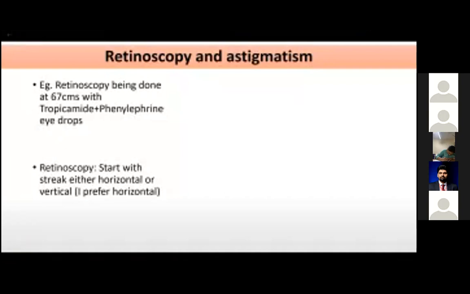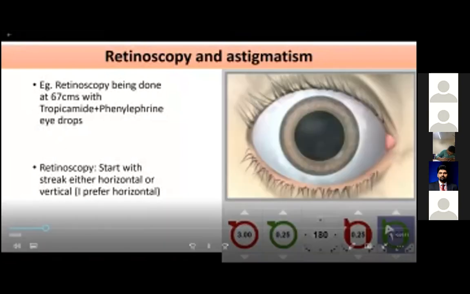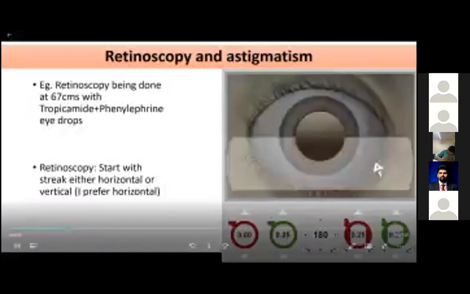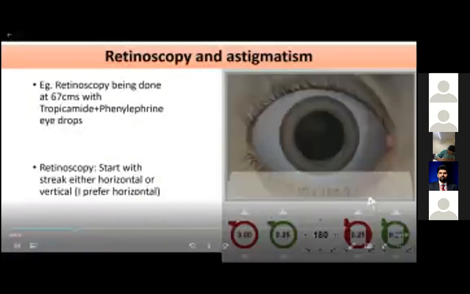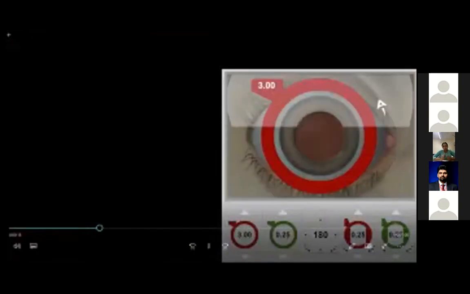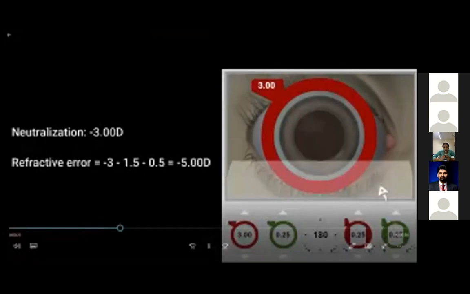So retinoscopy is being done at 67 centimeters with T plus eye drops, and we start with a horizontal streak, and we see we are getting an against motion. So I'll add a minus lens. Just for time, I'm going to start with a high lens, and we see at minus 3 diopters we get neutralization. Okay, so the refractive error here is minus 3 and minus 2, which is minus 5 diopters for the errors.